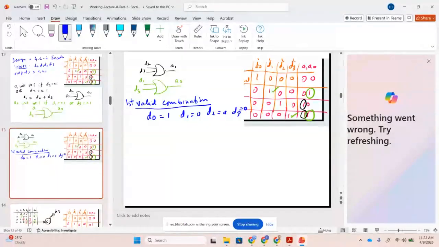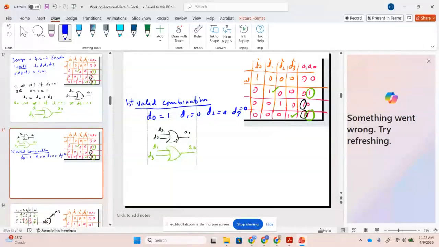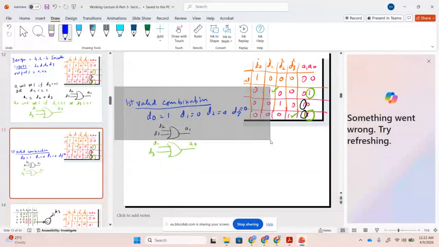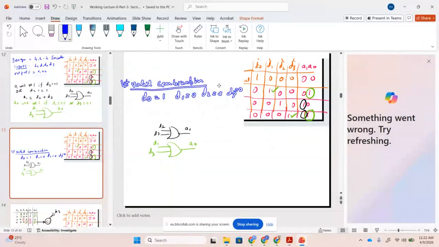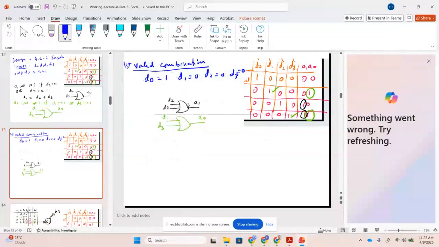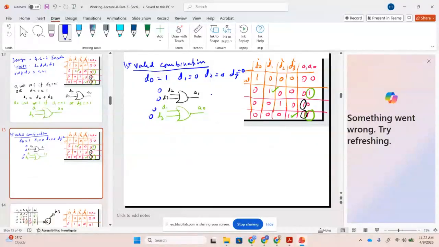Am I right? If you apply this to the first valid combination, D1, D2, and D3 are 0, so this is 0, 0, 0, and 0. What is A1? 0 and 0. Is my output correct or incorrect? Correct.